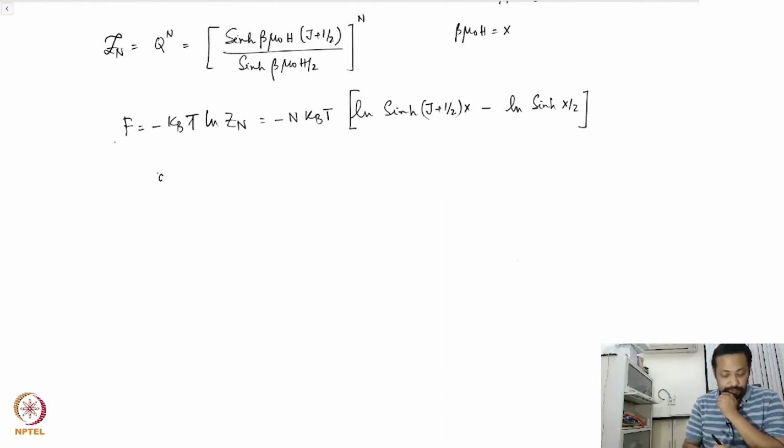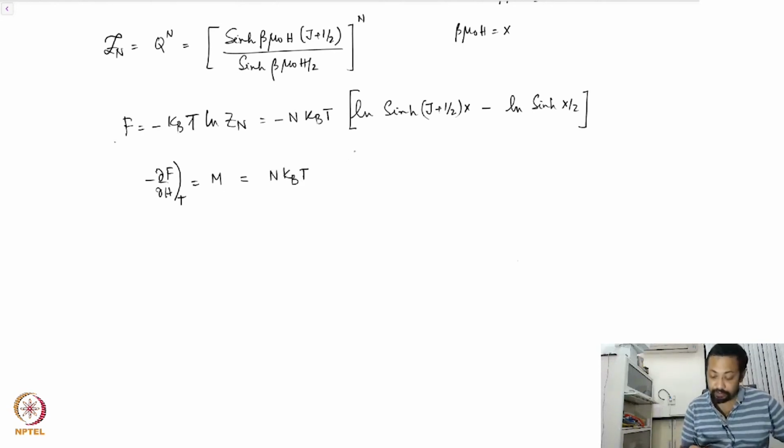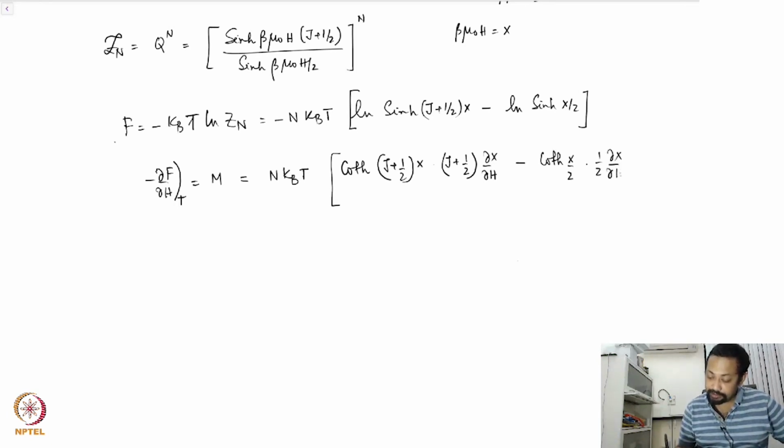The equation of state, which is minus del f del h at constant temperature, is the magnetization M, gives me n times kBT. The first term is going to give me coth (j plus half) x multiplied by (j plus half) times del x del h. The second term is going to give me coth x by 2 times half del x del h.